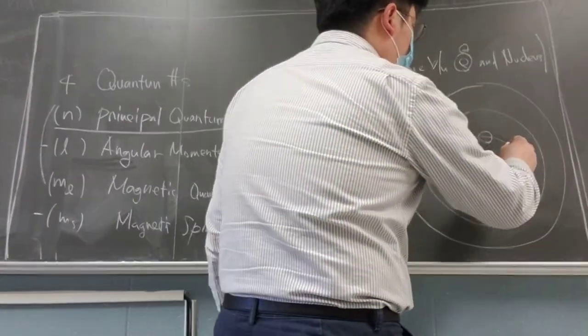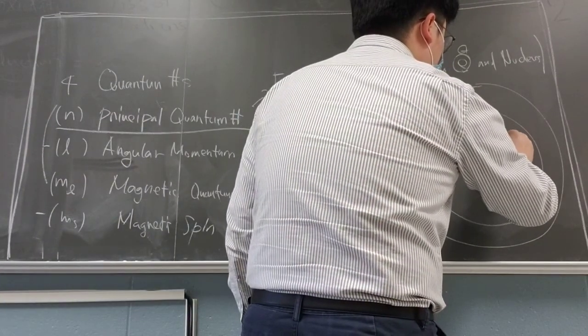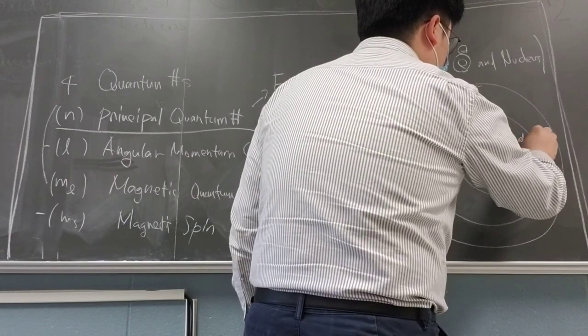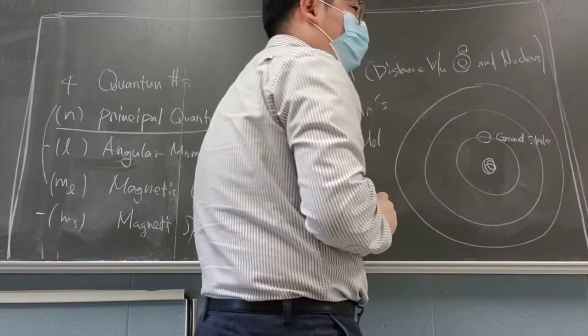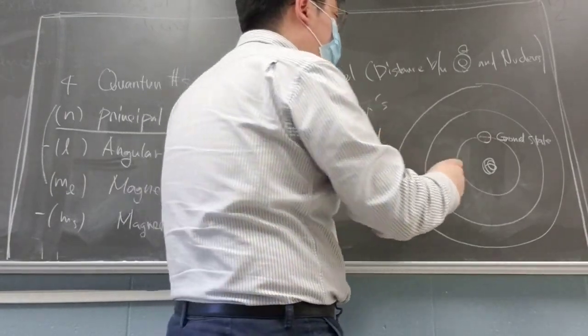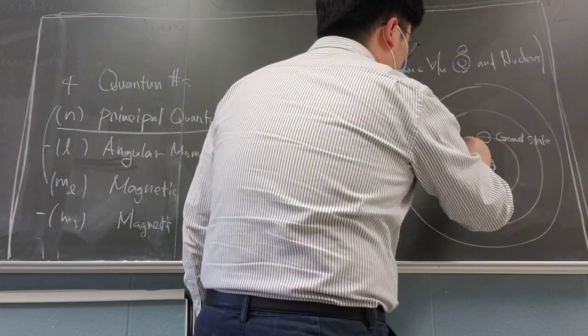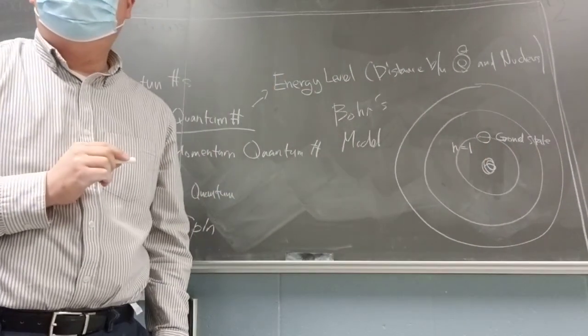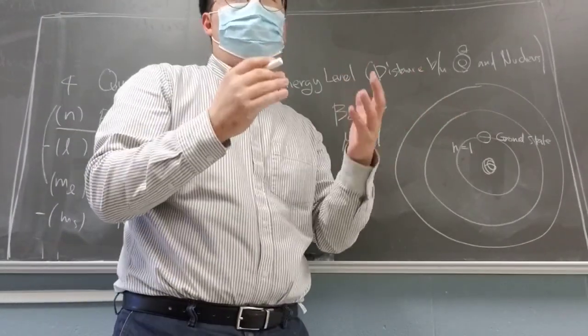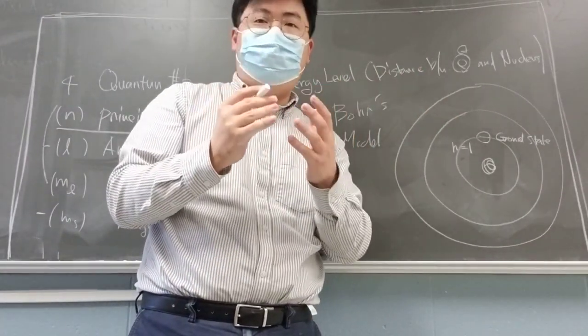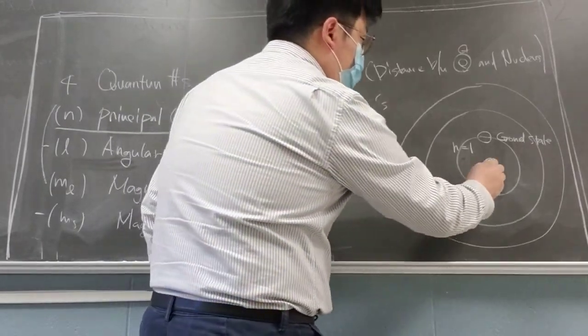We call this the ground state, or the ground level. So at the lowest possible level, which is always n equals 1. So n is equal to 1. This is the lowest possible energy level you can go down with the electrons, and this is the nucleus.